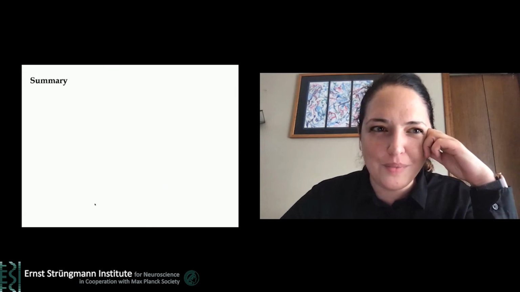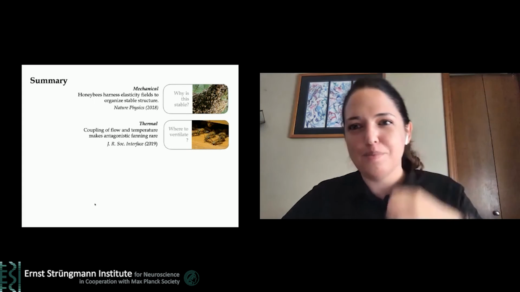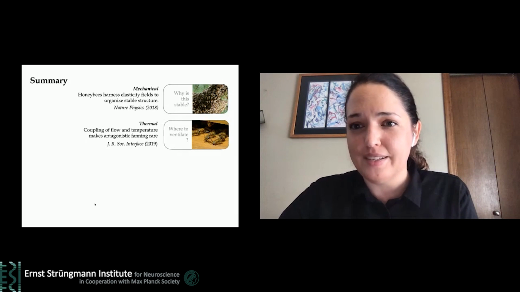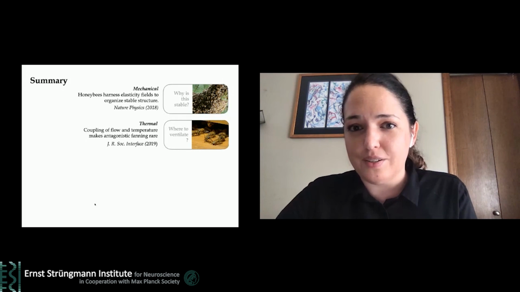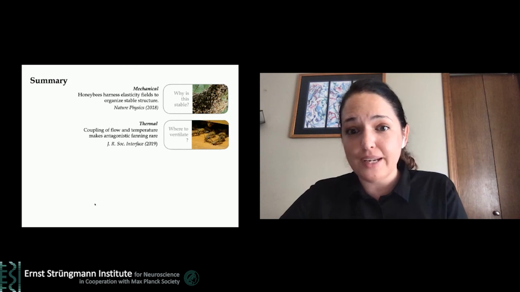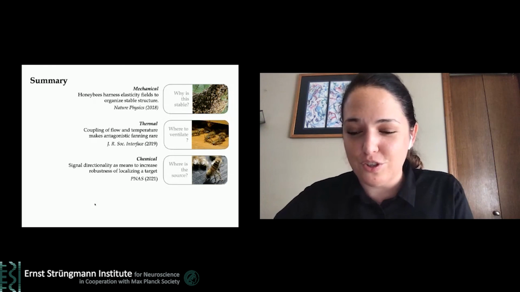Okay, so I showed you a couple of examples of how bees use mechanical signals to stabilize their swarm structures, potentially sampling thermal gradients to ventilate their hive, and chemical concentrations to find their position relative to the queen.